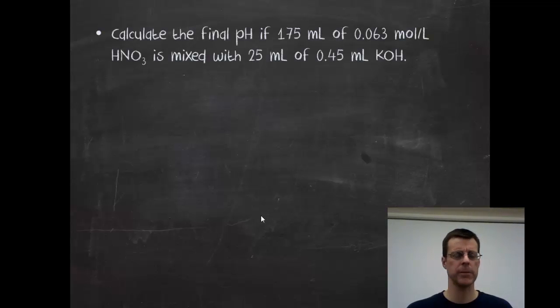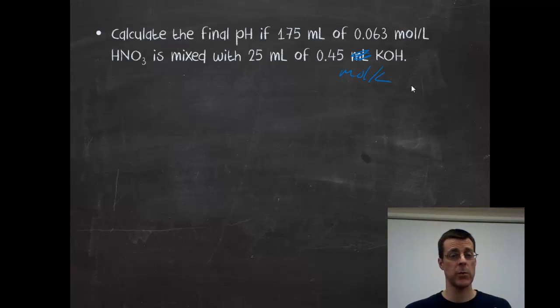Here's the question. 175 milliliters of 0.063 mole per liter acid mixed with 25 milliliters of 0.45 moles per liter of base. Same job.